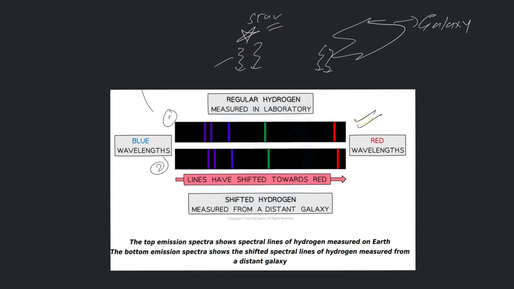These are known as emission spectra. So you know about them from previous lectures. For example, this star is the Sun, and this is the energy received on the surface of the Earth.